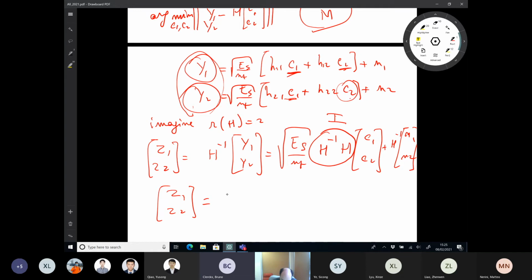I'm going to have Es over Nt. So, sorry, Nt is equal to 2. So let me write 2. Es over 2, multiplied by C1, C2, plus N1 tilde, N2 tilde, right? And the N1 tilde and N2 tilde are from the inverse of H multiplied by N1 and N2, right?